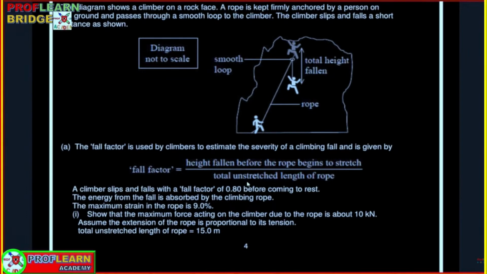Show that the maximum force acting on the climber due to the rope is about 10 kilonewton. Assume the extension of the rope is proportional to its tension. The total unstretched length of the rope is 15 meters.